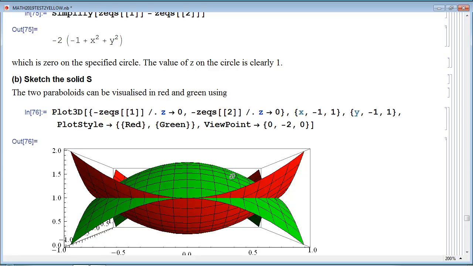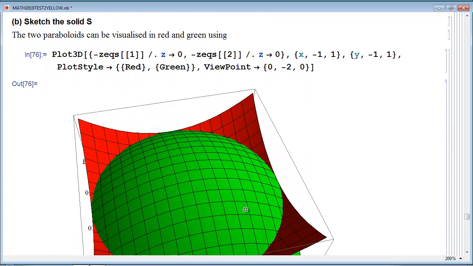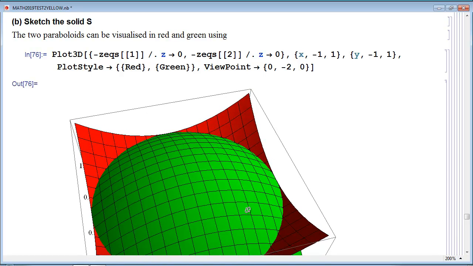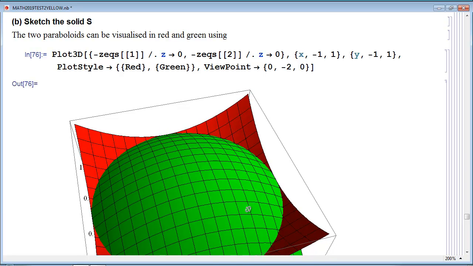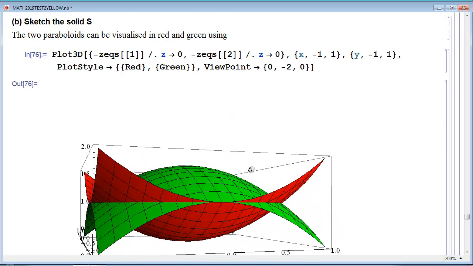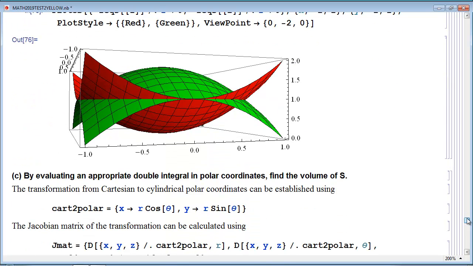If we turn this over a bit, we can see that the boundary of the solid is circular. So this region has cylindrical symmetry, and therefore polar coordinates are indicated. So let's go on and work it out.